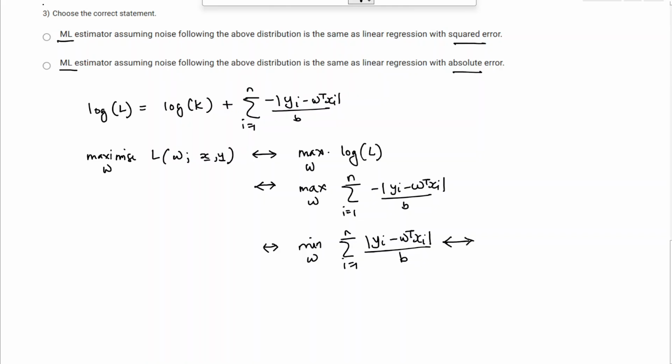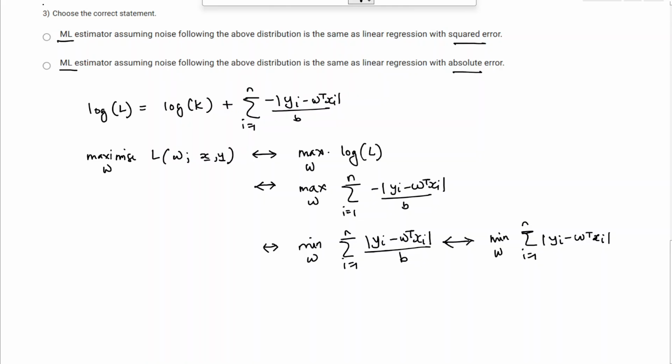Now since b is immaterial here, b does not depend on w, we can say minimize with respect to w the sum of mod of (yi minus w transpose xi).